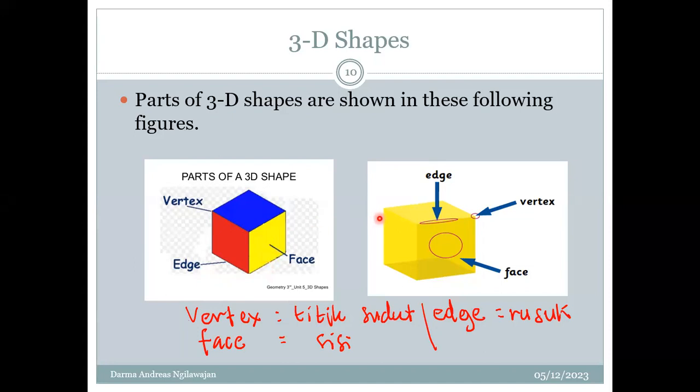The second picture is the repetition of the first one. As you can see, edge, which means you can see this part also. And then vertex. And faces, face. It is plural, singular, tunggal ya.